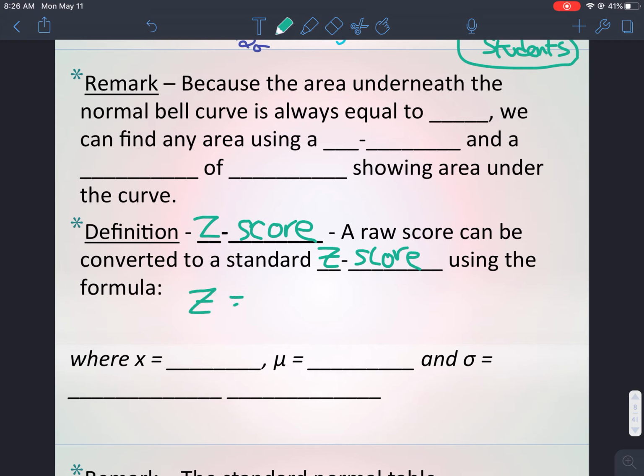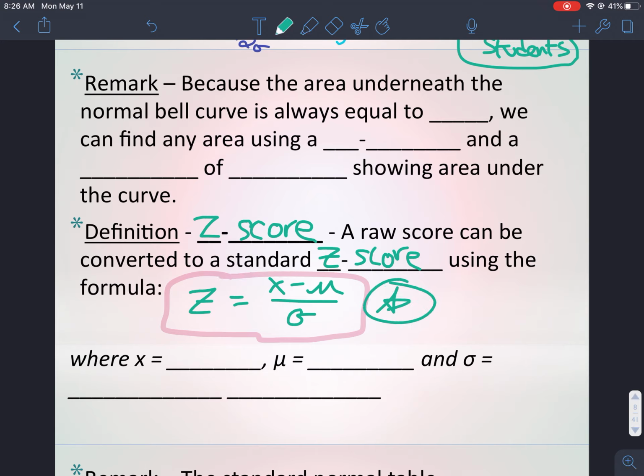Z equals x minus mu divided by the standard deviation, where x is the data value, mu is the mean, sigma is the standard deviation.